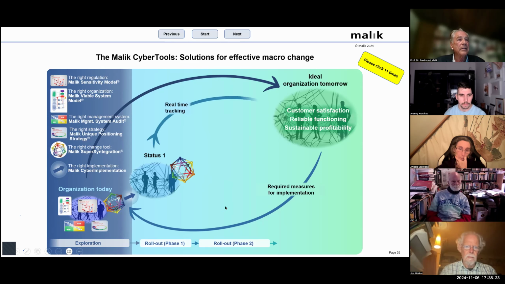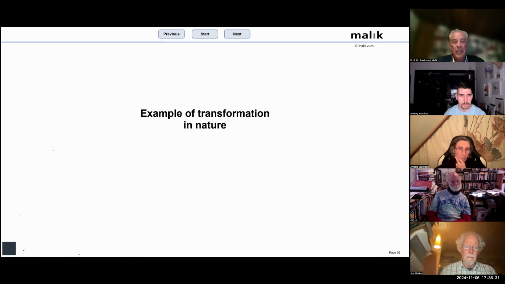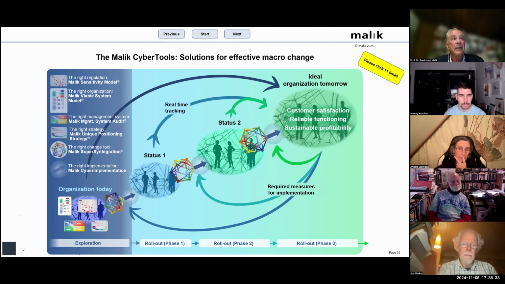The next one, again with the same tool, the icosahedron. Again, a third one, and then we have the total picture of the ideal situation.